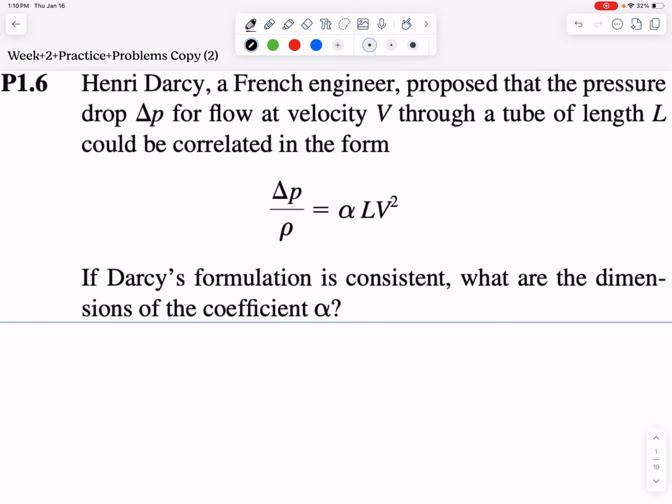Okay. So first up, this formula. This is talking about Henry Darcy in his formula, but what this actually is is just Bernoulli's equation, and I can show it to you by adding this term. So when I put it like this, my pressure term here is similar to my internal energy term.